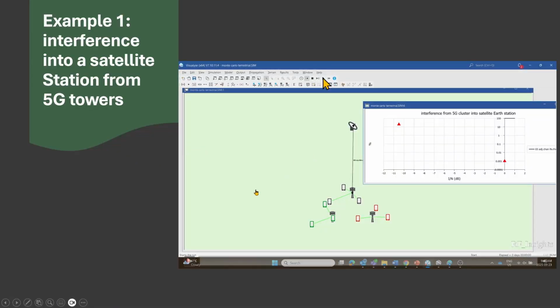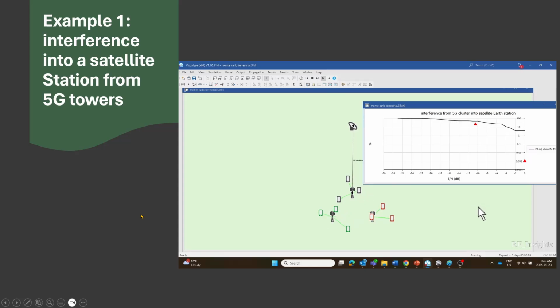So here I want to show you how it works. I have my setup here in the software, and I want to plot the I/N at the satellite station. These units will be moving around randomly. So you can see here the units are moving around randomly, and you can see that the I/N curve is plotted.